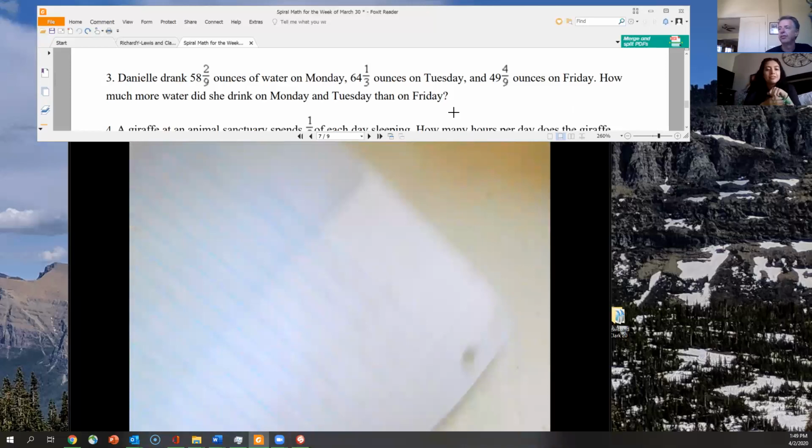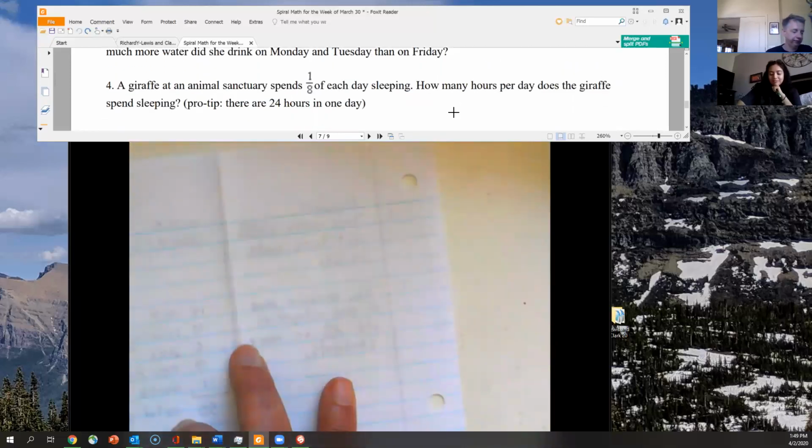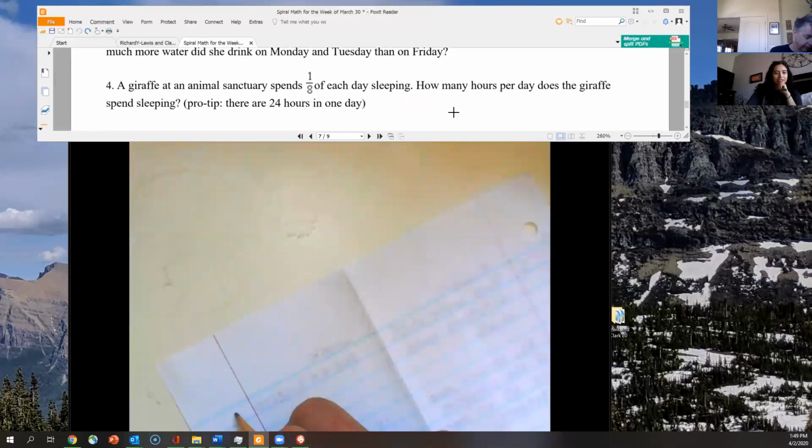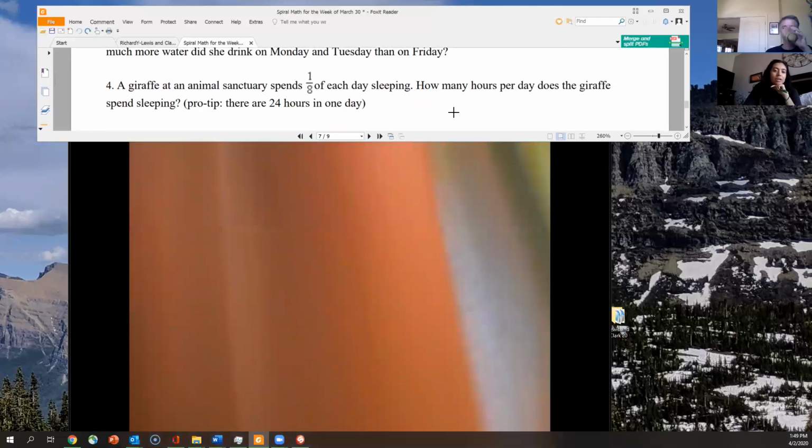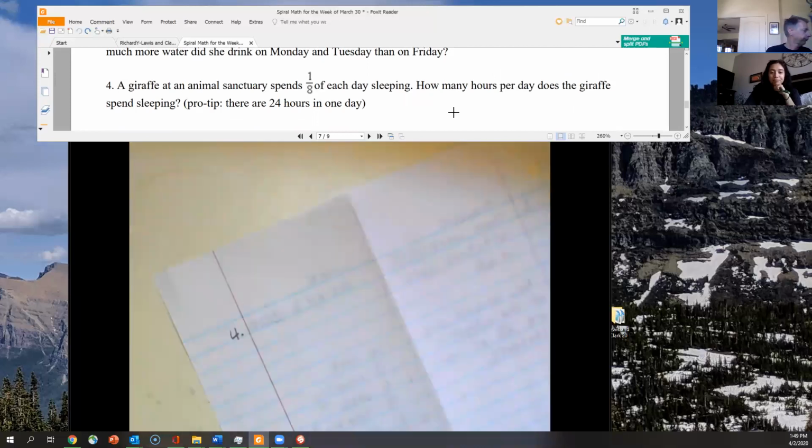Alrighty, so number 4 says, just a second. So it says a giraffe at an animal sanctuary spends 1/8 of each day sleeping. How many hours per day does the giraffe spend sleeping? So what I did is I drew a model for this one. Good idea.